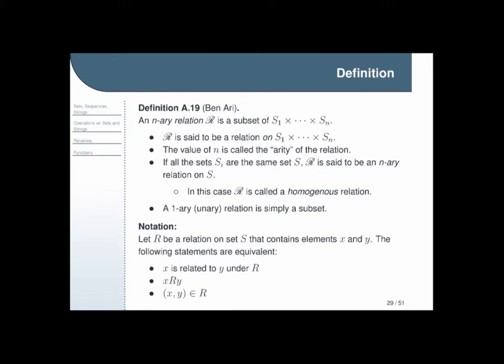X is related to Y under the relation R is the same as writing X R Y, and it's the same as saying the tuple (X, Y) is in R. That last one emphasizes the fact that R is a set, that a relation is just a set of tuples. If this particular tuple (X, Y) is in the relation, then what we're really saying is just that X is related to Y by that particular relationship.